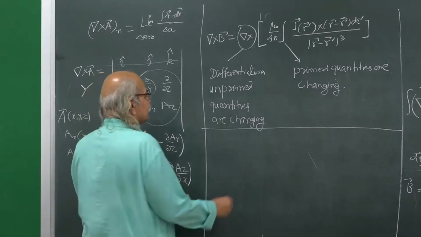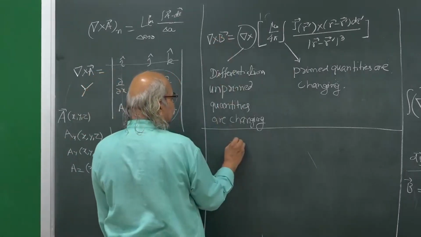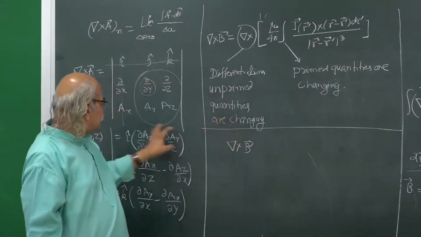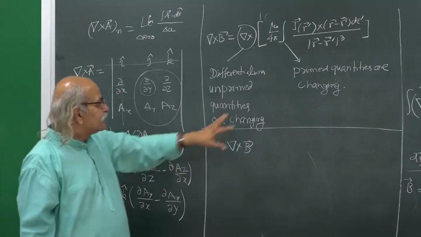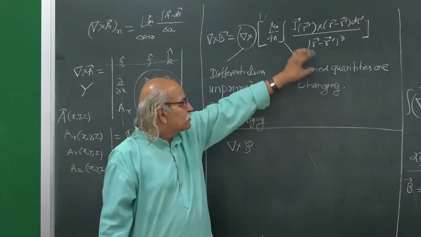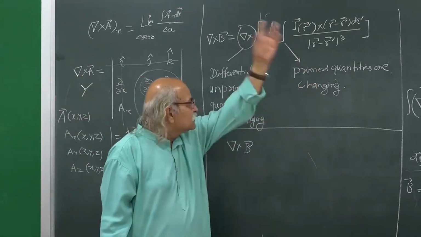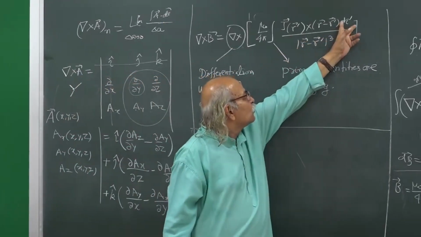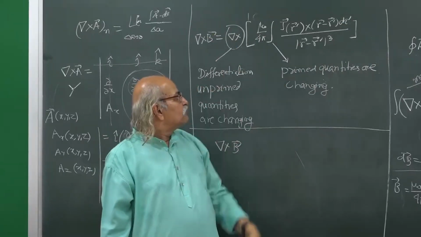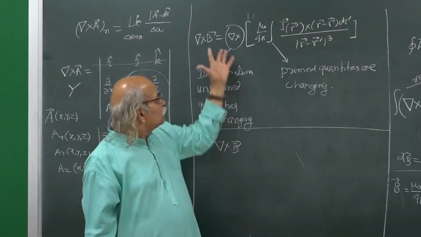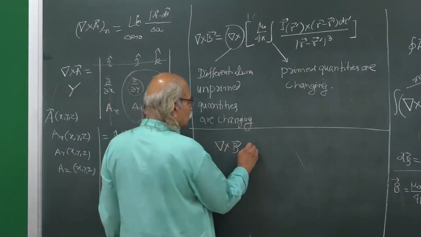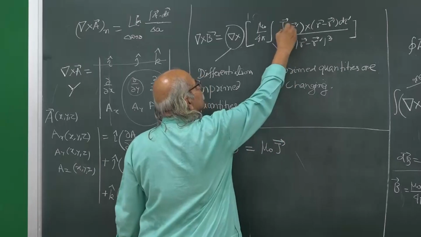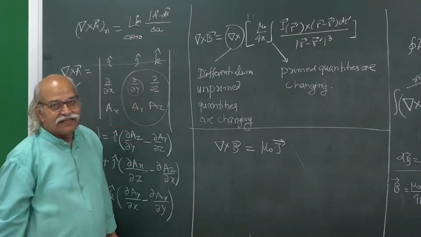After doing all this differentiation with respect to the unprimed quantities and integration with respect to the primed quantities over the volume which contains the current, d tau prime, curl of B turns out to be mu naught times j, just mu naught times j.